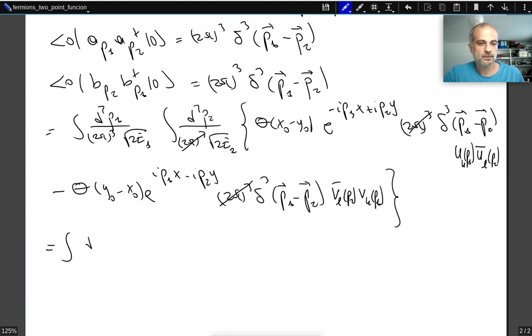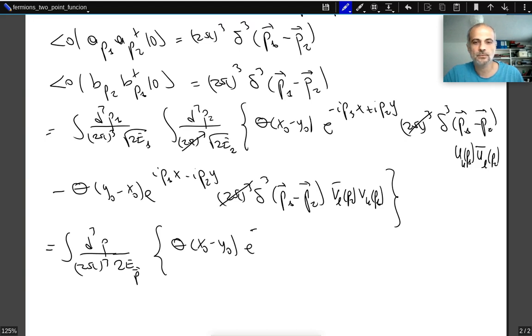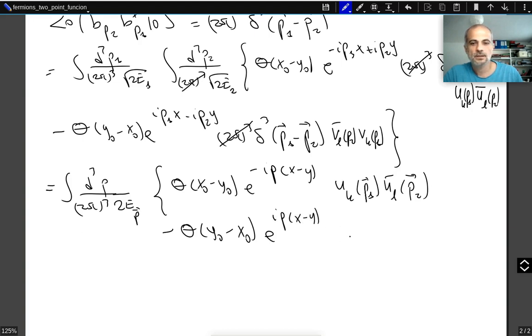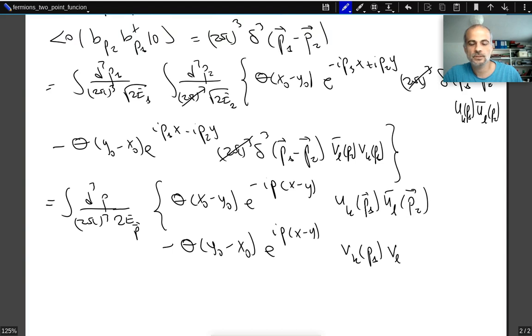I will end up having d³p divided by (2π)³ 2E_p, θ(x0 − y0) e^{−ip·(x − y)} u_k(p) ū_l(p), minus θ(y0 − x0) e^{ip·(x − y)} v_k(p) v̄_l(p).